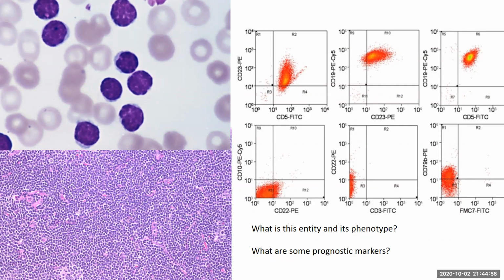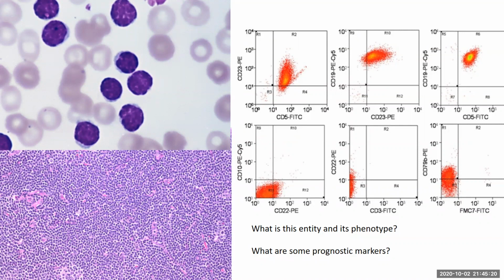Okay, so we discussed the phenotype. What are some of the prognostic markers and some of the things that we commonly do in hematology to determine whether or not these are going to be more aggressive than your normal CLL? ZAP70. Right.